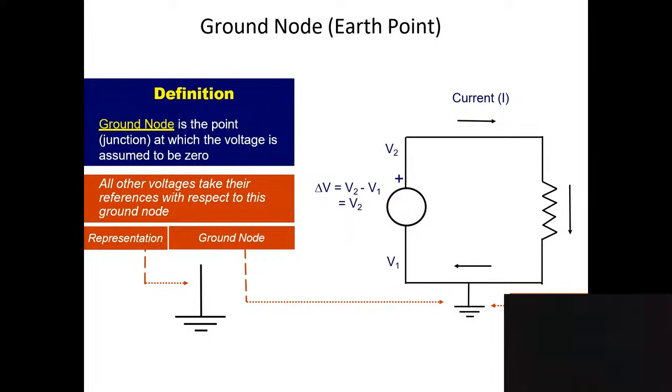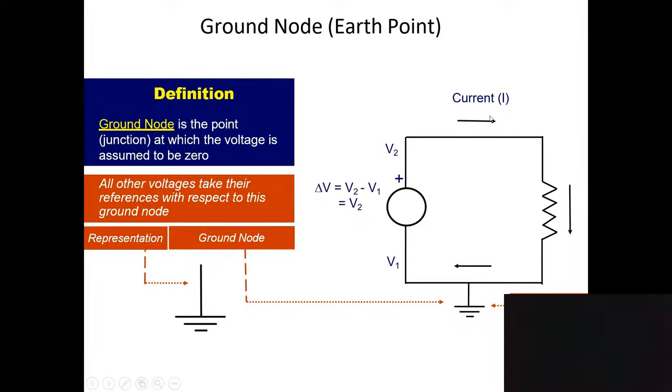All other voltages take their reference with respect to the ground node. This is the symbol for the ground node.